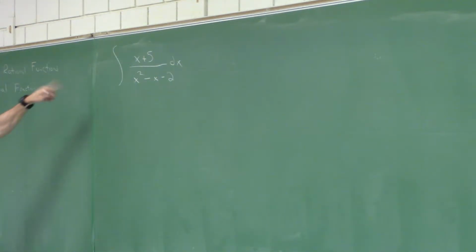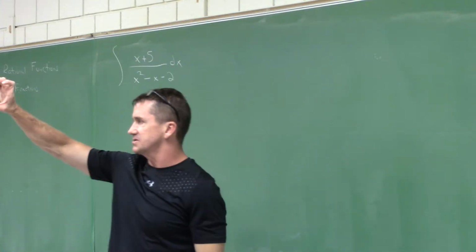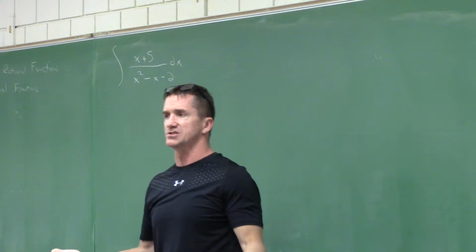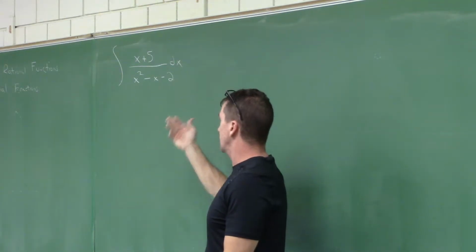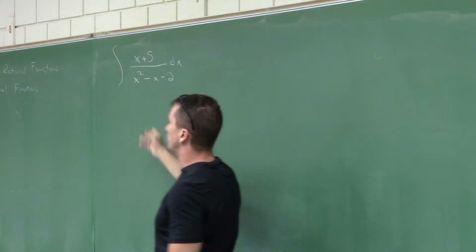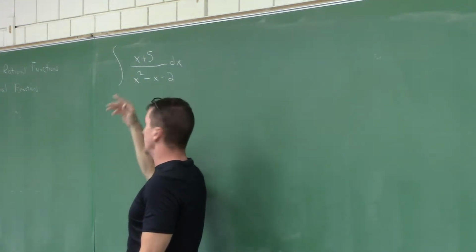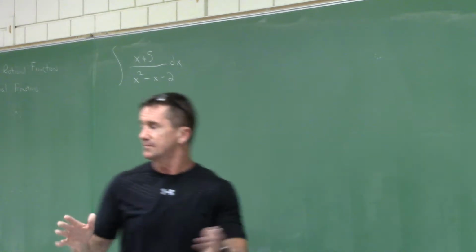How would I recognize this as partial fractions? You see the rational expression? We've seen rational expressions many times. So your first thought might be to do a u-sub, but you notice a u-sub wouldn't work. Like, what am I going to let u equal, x squared minus x minus 2? It's not going to work out with this problem.